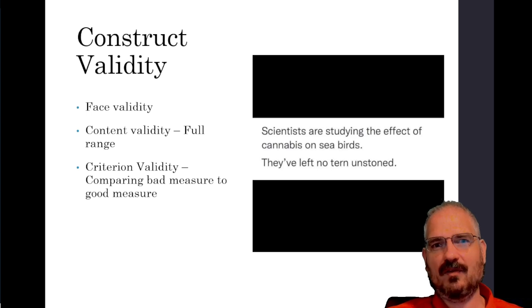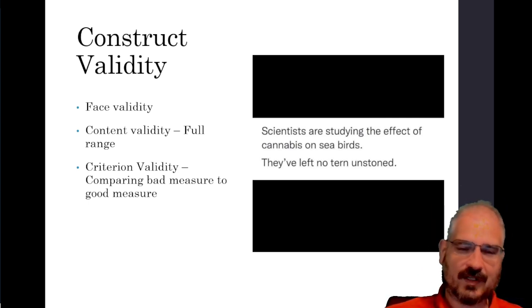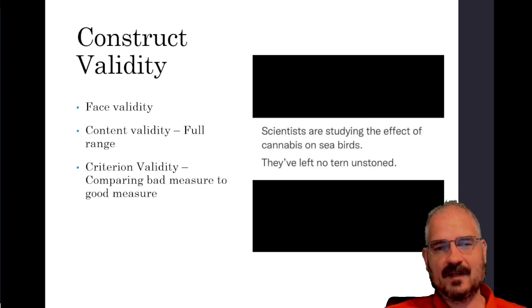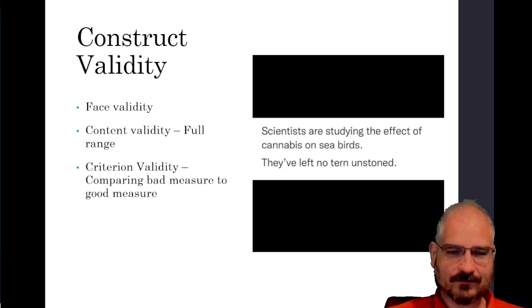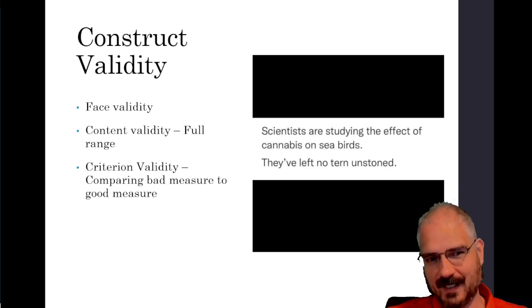We'd have to know not only how much murder they're committing, but also how much sexual assault and how much armed robbery and how much aggravated assault and all those things, right? So if we're only measuring how much murder you're committing, we're not measuring the full range of how much violent crime you're really committing.